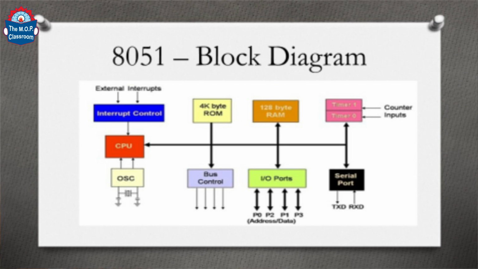When I say bus system, there are three types of bus: address bus, data bus and control bus. Address bus carries addresses, data bus carries data between the various functional blocks, and the control bus carries the control data. And it has IO ports. As we saw, there are 4 IO ports: P0, P1, P2 and P3, and there is also a serial port. So, all these together form the functional blocks of this 8051.